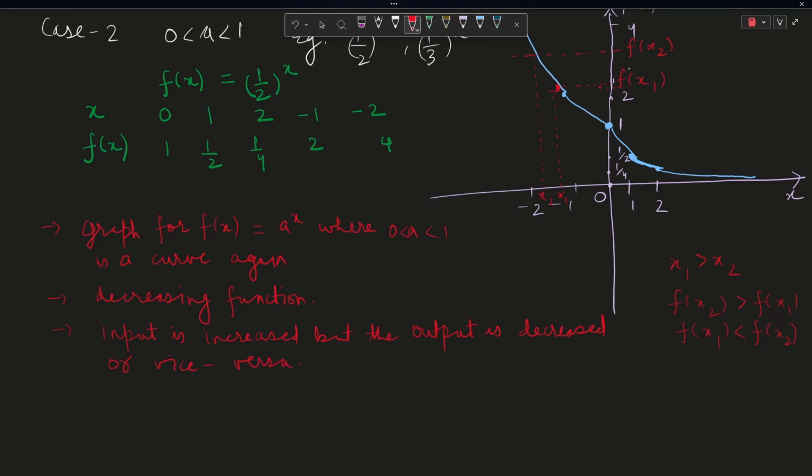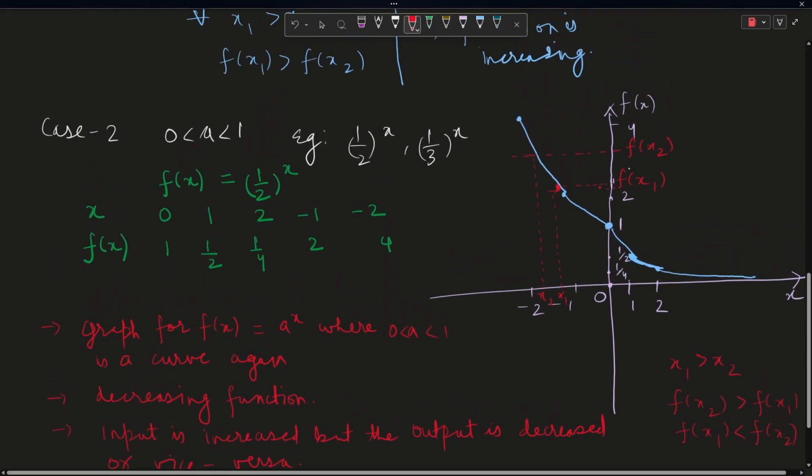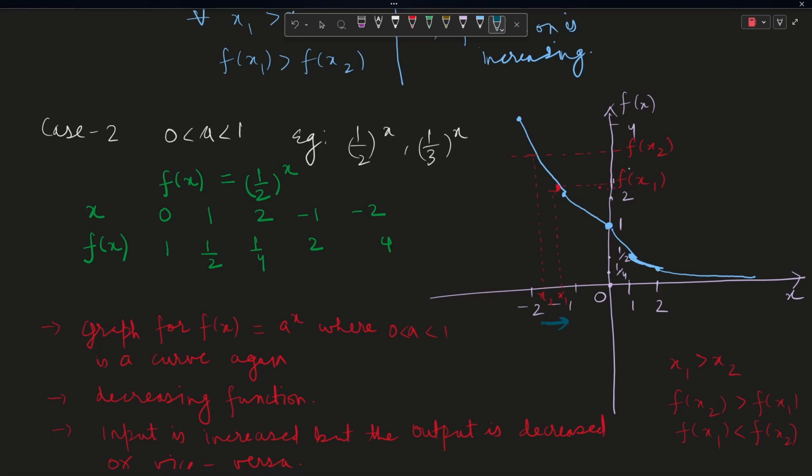What I mean to say is that if we are moving from x2 to x1, that means our input is increasing because we are talking about the negative side, right? So x2 is smaller and x1 is greater. So if we are moving from x2 to x1, our input is increasing, but the value of y or the value of f of x is decreasing as it goes from f of x2 to f of x1. Hence, it is a decreasing function.